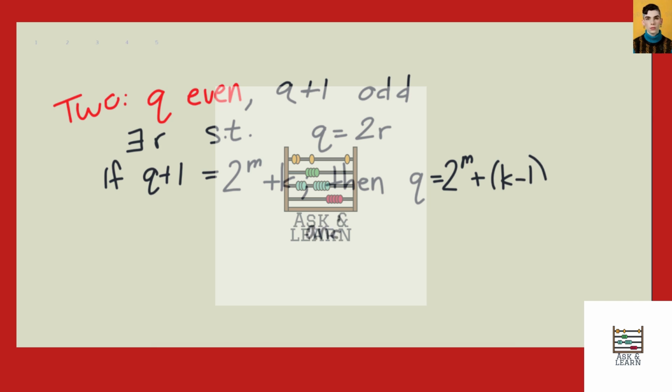And r will then be equal to 2 to the power of m minus 1 plus (k minus 1) over 2. And that stems from this relationship here.